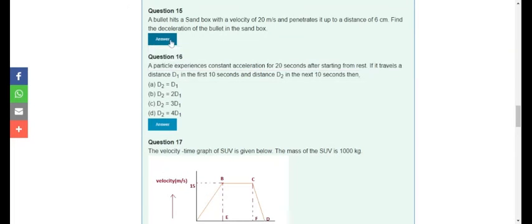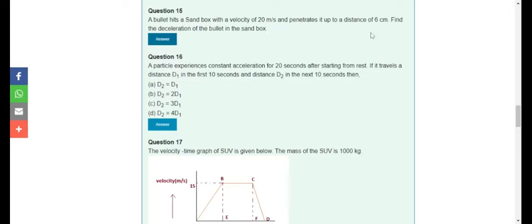I have told you the procedure for how to do it. The initial velocity is 20 meters per second. The final velocity is 0, and the distance s is equal to 6 centimeters. So better convert 6 centimeters to meters, that is 6 divided by 100, so you will get 0.06 meter.